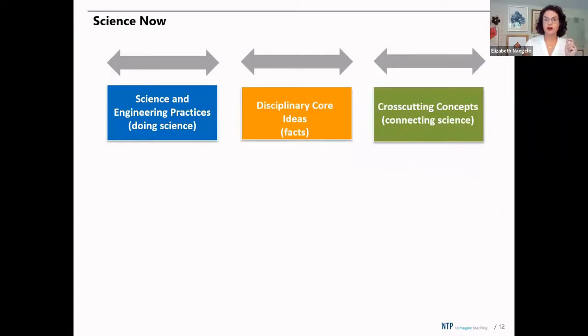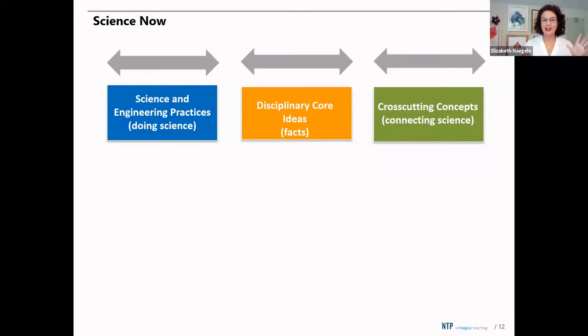So the framework, the document called A Framework for K-12 Science Education, puts an emphasis on integrating these 3 components into meaningful learning experiences for kids, so that kids are not just having these experiences by doing science, but the language of these three ideas is integrated into the language of the standards themselves.